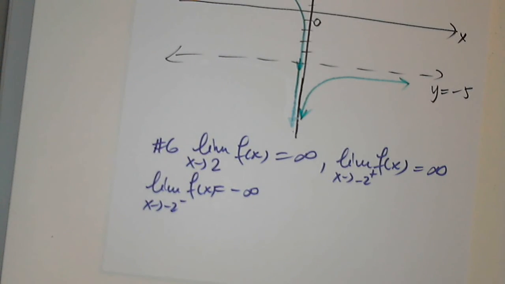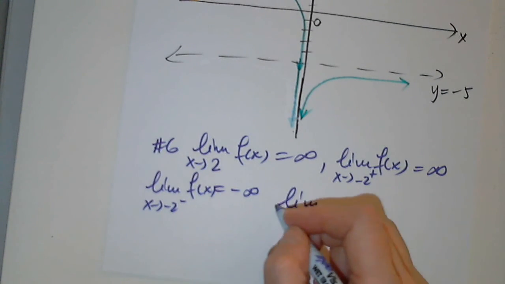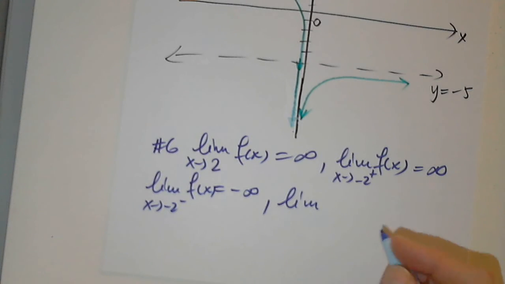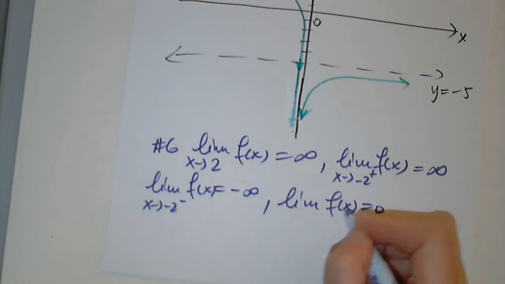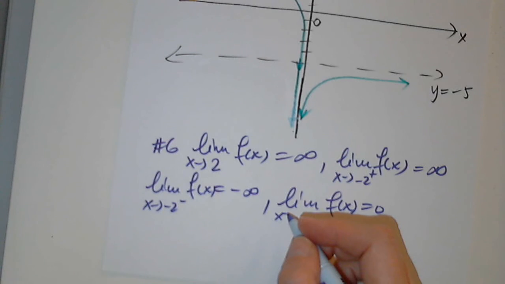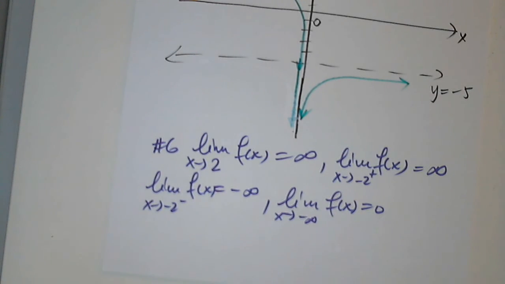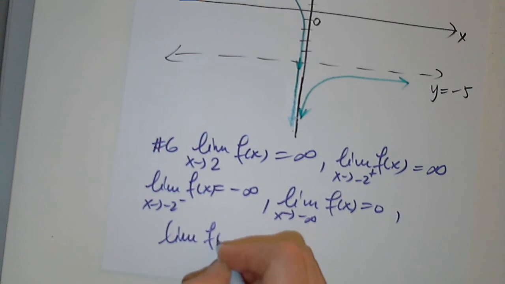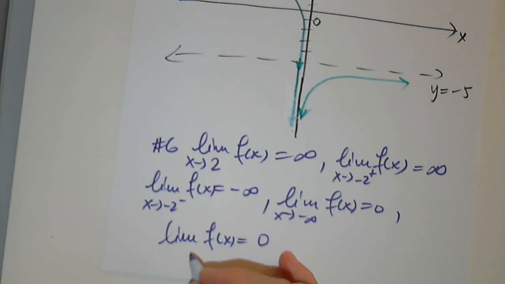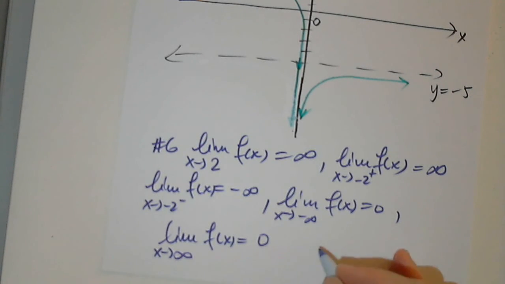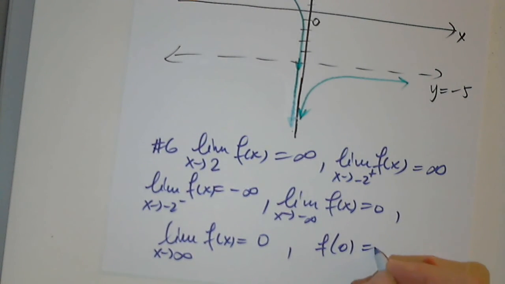I think I'm correct. The next one is limit of f of x is 0 when x approaches -infinity. Limit of f of x is also 0 when x approaches positive infinity. And they're telling us f of 0 is 0.